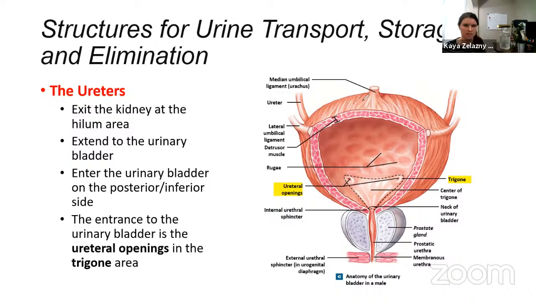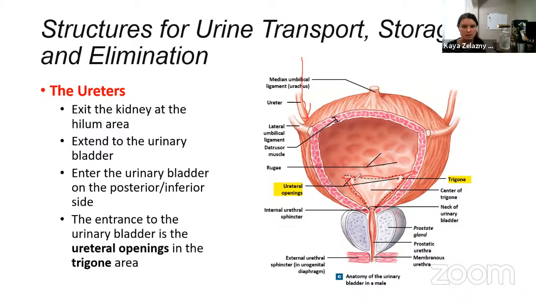Okay, so we can see the ureters here are coming to the back. Here we are actually looking at the structure. We'll get to this in a second. But they're entering at the back. Their openings are in this triangular area called the trigone.